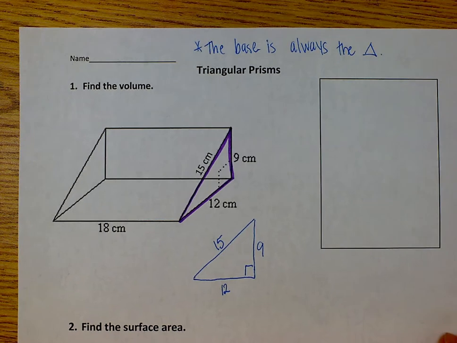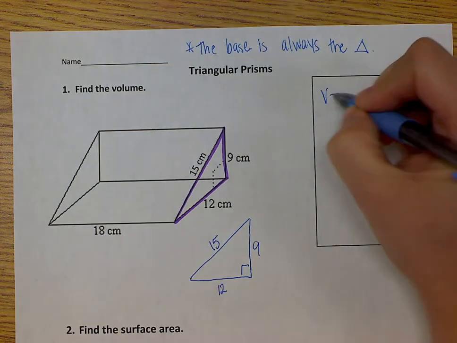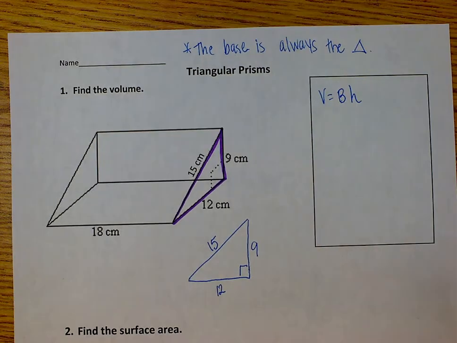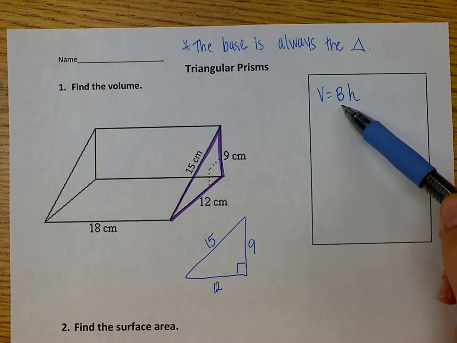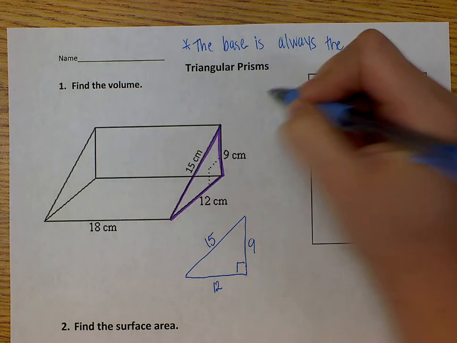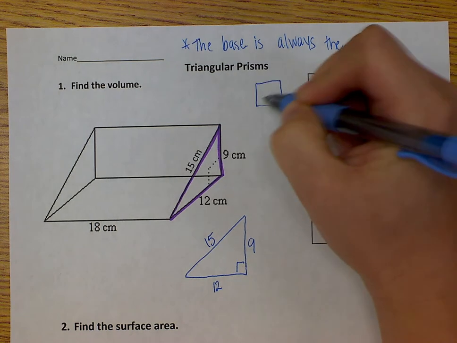The volume formula is capital B times H. You guys remember that capital B is the area of the base, which before, when it was a rectangle or square, was length times width.